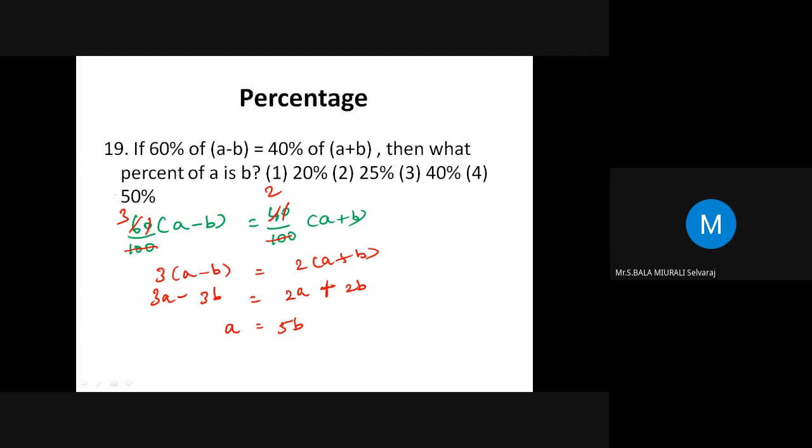Now the value of A is 1 and the value of B is 5, correct? Now they are asking what is A by B into 100. That is 1 by 5 into 100, 20%. Clear? Yes or no? Yes, sir.